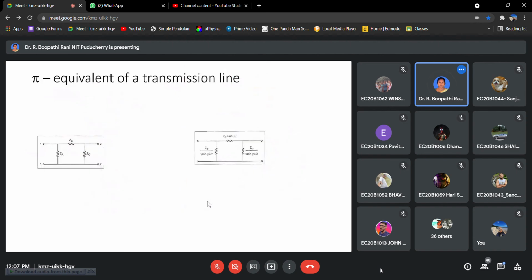And we can also draw pi equivalent for a network, or pi equivalent for a line. So here we are drawing the pi equivalent of a line. We consider ZA, ZB, ZC are the pi impedances. Okay. So using this also we can find the expressions for ZA, ZB, ZC in terms of secondary constants by following the short circuited and open circuited impedances.